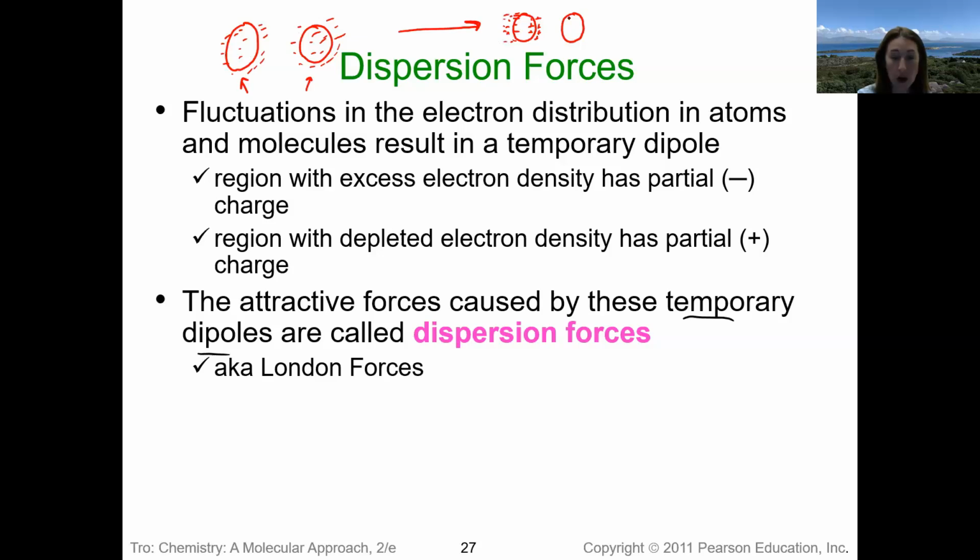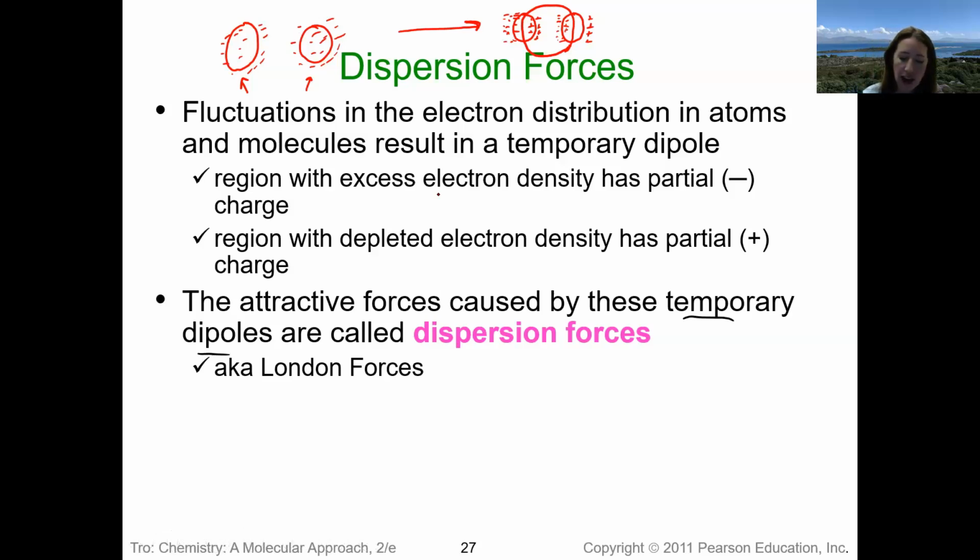And the other molecule goes, oh, positive charge. And guess what happens? All the electrons are like, oh, I like positive charges. And they line up and then they leave the other side positive. This lining up of this negative and sort of positive, sort of negative charge, this is what happens in a dispersion force.